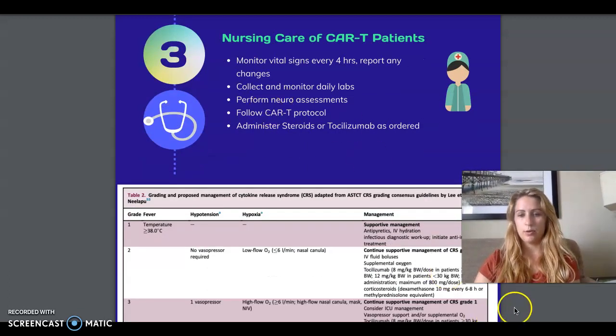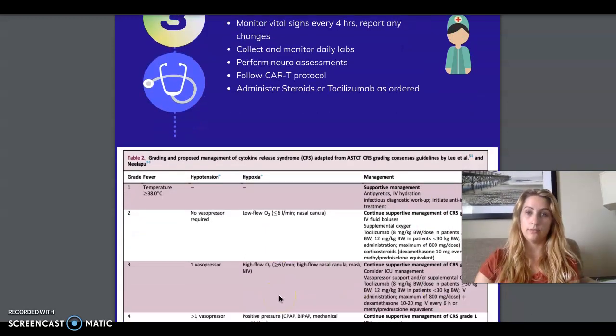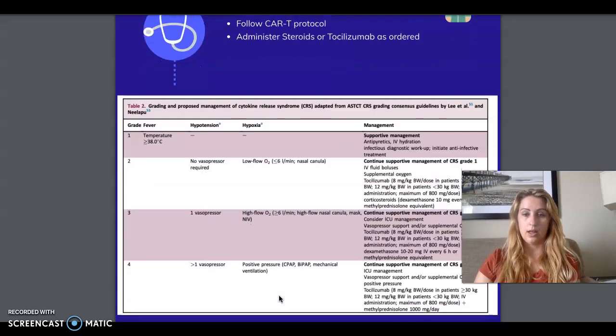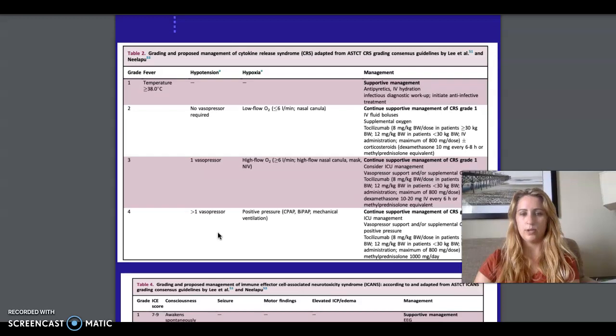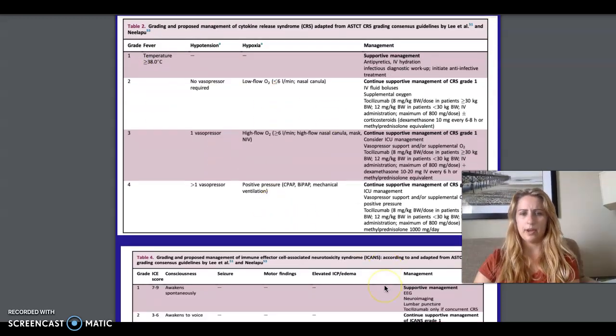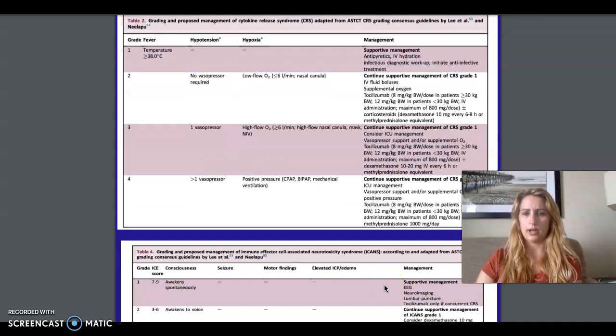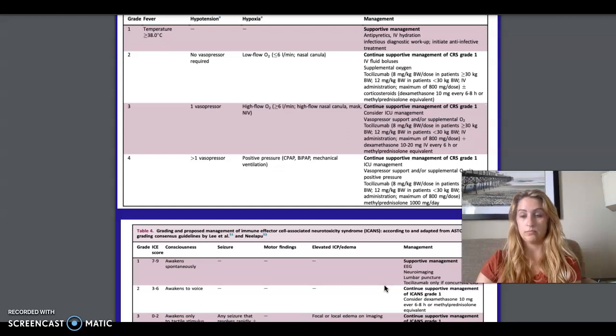And then there's a CAR T protocol, and with that protocol, there's the discussion of, do we administer steroids or tocilizumab? This is an example. This isn't the exact same grading scale we use, but we will grade CRS and we will grade neurotox. This goes into depth there, but essentially we decide what kind of treatment we're going to do based on the patient's presentation or what grade they are.